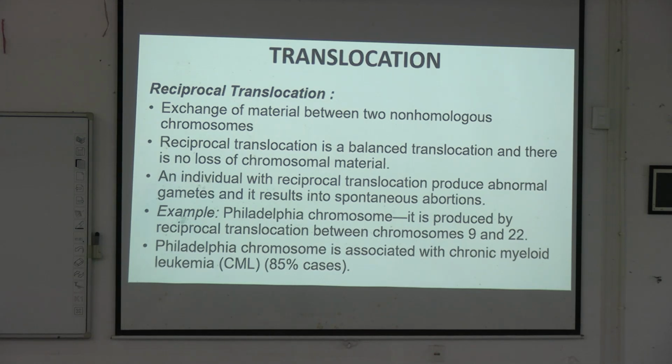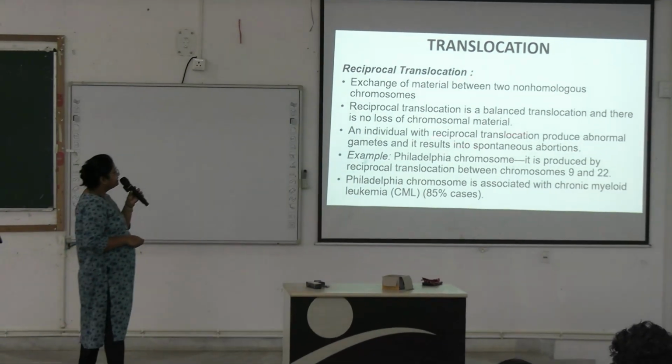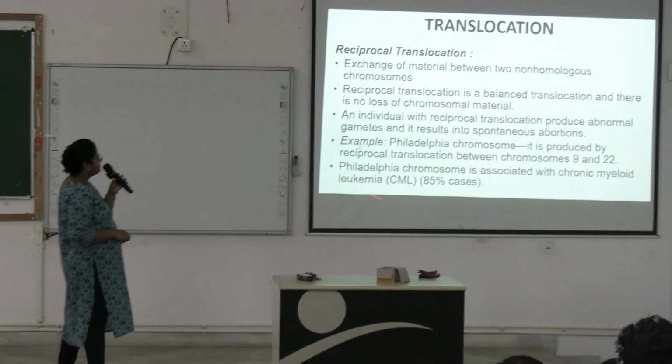So you have to do karyotyping. Amniocentesis is done and from the fetal cells karyotyping is done to detect any genetic diseases, and if a genetic disease is present, the patient is advised termination of pregnancy. An individual with reciprocal translocation produces abnormal gametes and this results in spontaneous abortions.